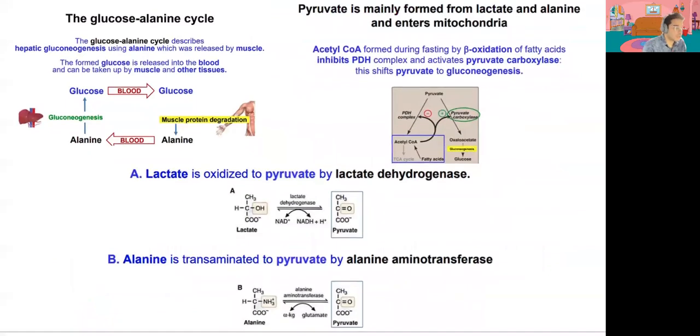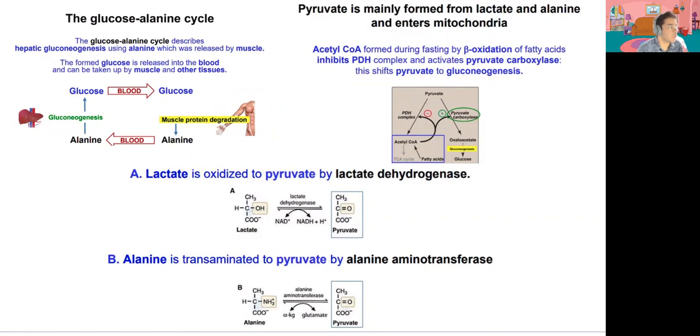Okay, these are the other pathways you guys are going to cover, right? We can do these for days, but what you do need to know is that the glucose-alanine cycle is very critical. Any sort of muscle degradation leads to alanine being released, and then the alanine can be fed directly into the gluconeogenesis cycle and lead to the production of glucose, which is going to keep your essential organs well supplied with sugars, right?